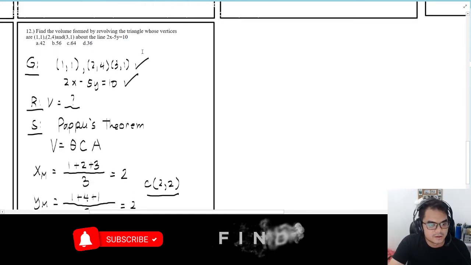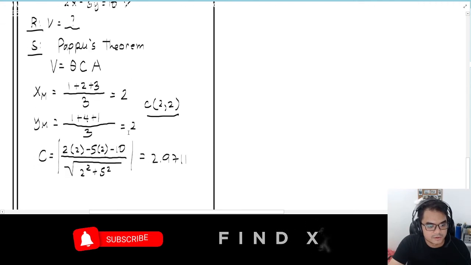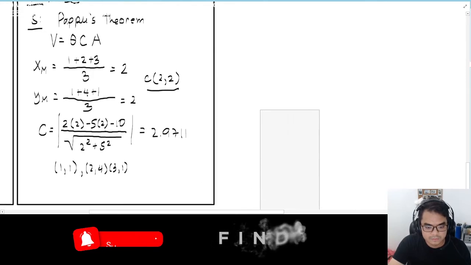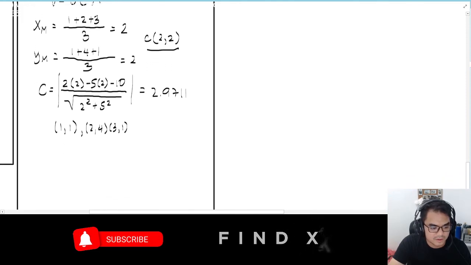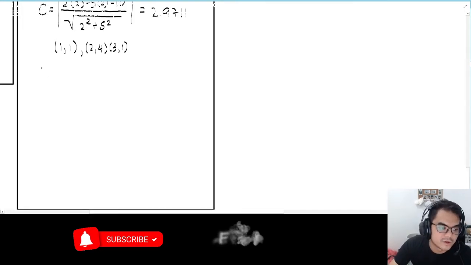Okay, so another thing, we have to get the what? The area, right? So getting the area for this one. Okay, let me copy this one here. Let me extend this one. Just get the area. So for the area, you can use the coordinate method.